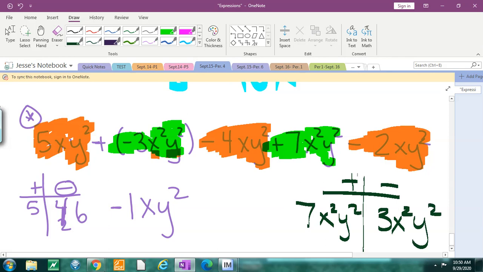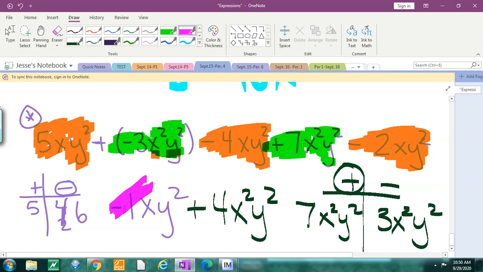So what's my answer? Positive, and now we have to subtract them, right? So it's positive 4x squared y squared. And that's your answer. Don't we add the other 2? Nope. Just leave it alone.